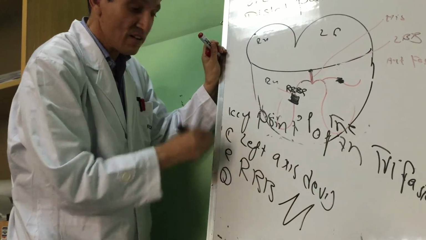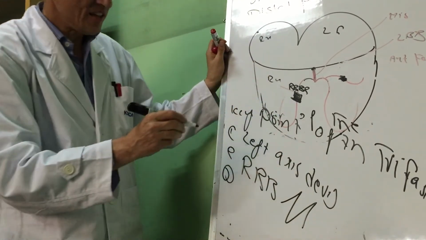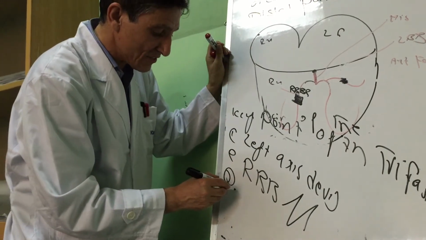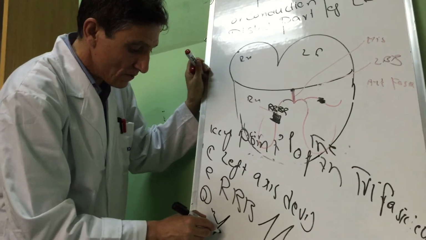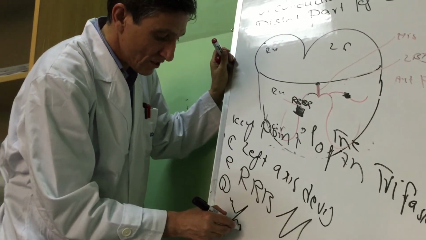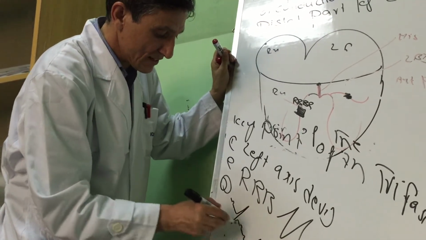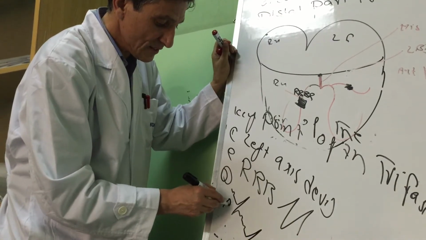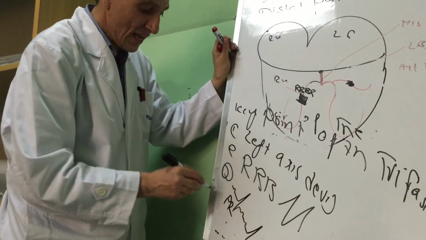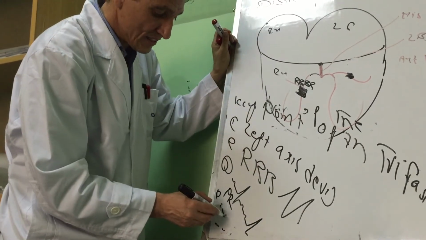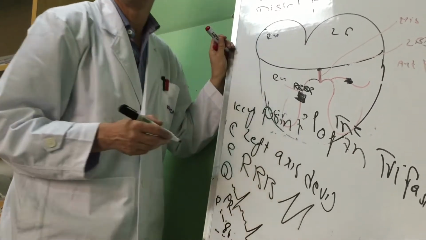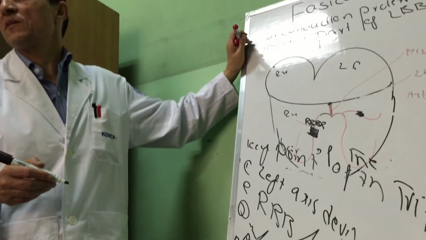Number 3, first degree AV nodal block, prolongation of the PR interval, and the axis would be in the range of minus 80 degrees. This was about trifascicular block.